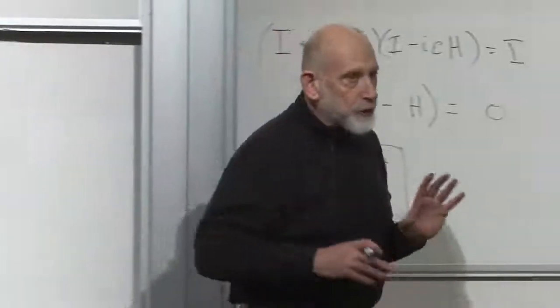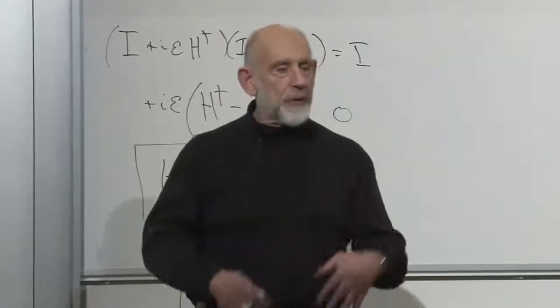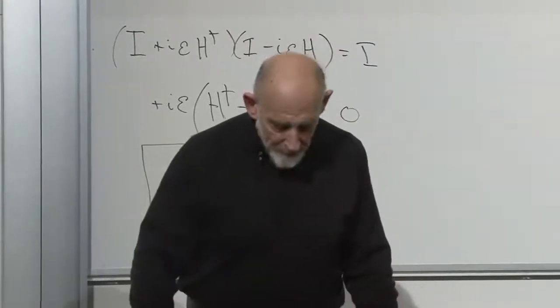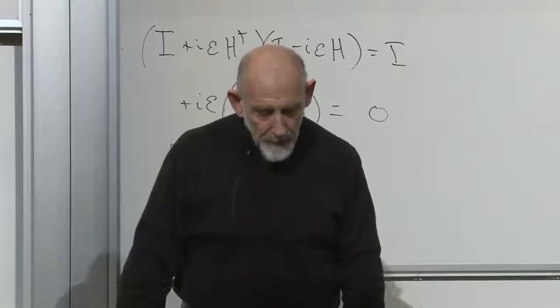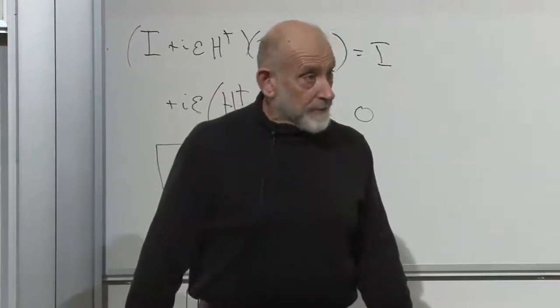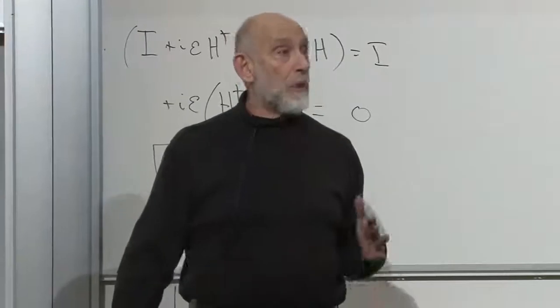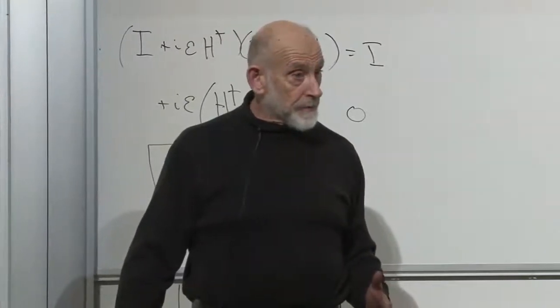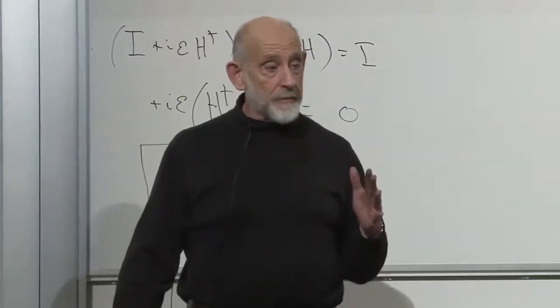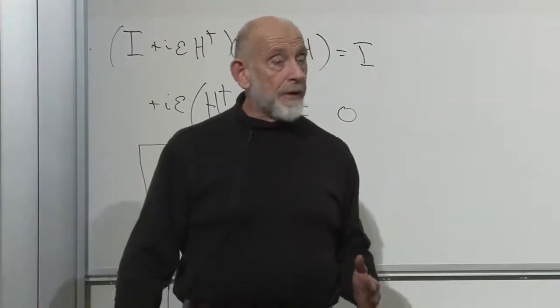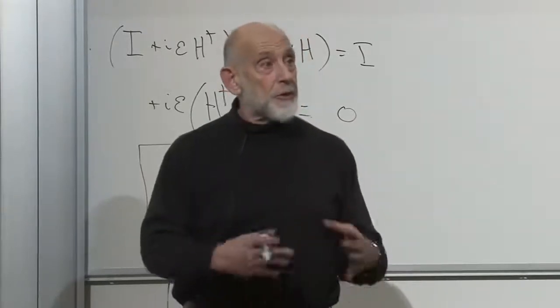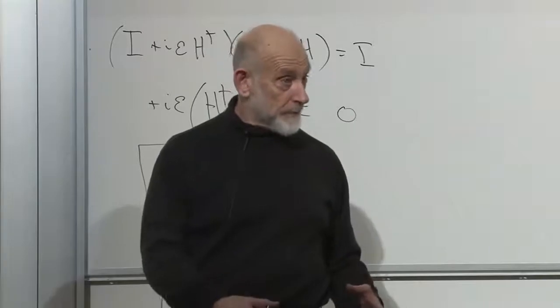You have to remember, when you do that, you're intervening with an apparatus. In order to follow the system under those circumstances, you have to include the apparatus as part of the system. You cannot interact with the system and not include the things which are interacting with it in the system.